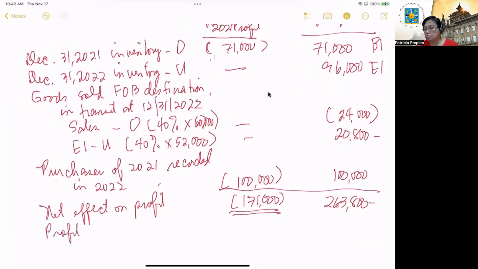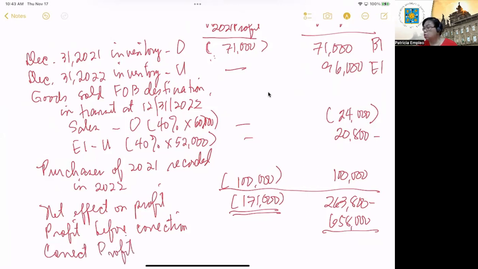So profit before correction was reported as 658,000, and therefore your correct profit for the year 2022 is 921,800.